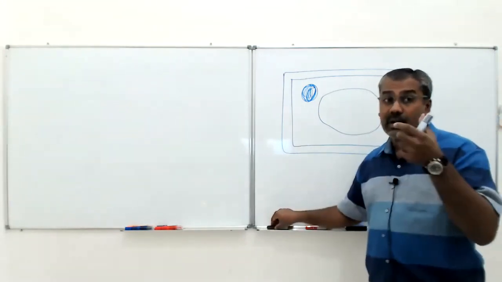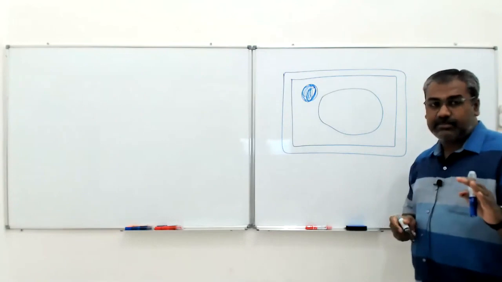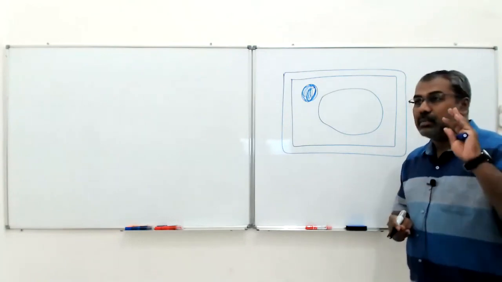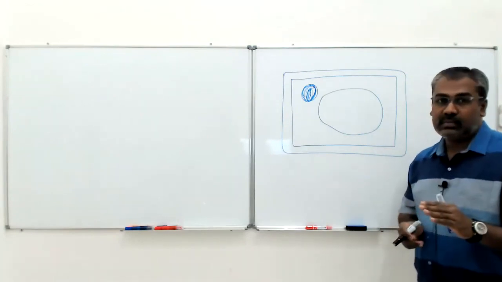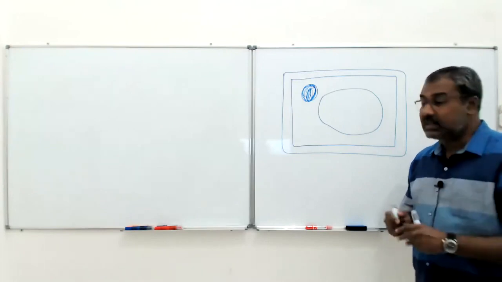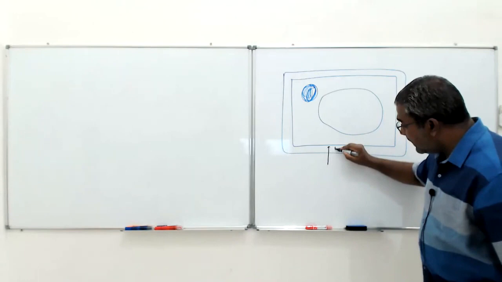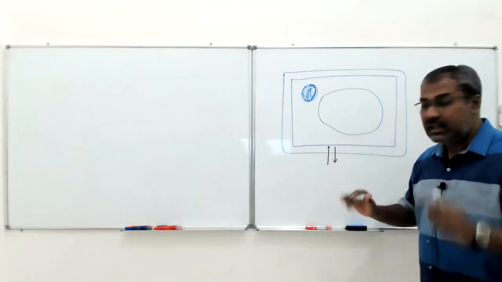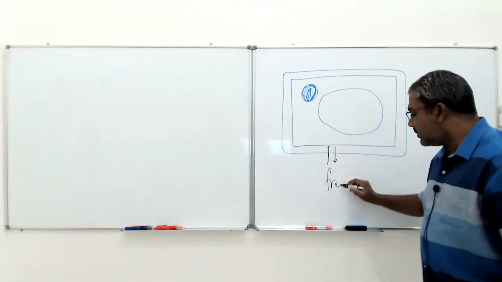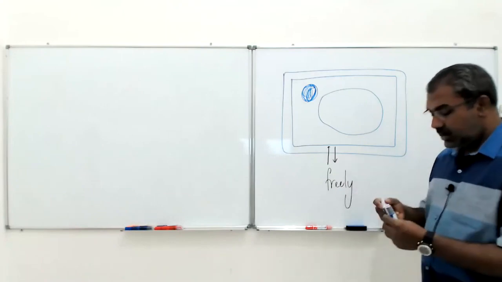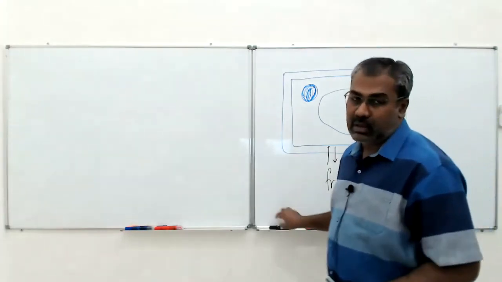Fully permeable bermaksud anything big or small, any substances can pass through the cell wall in and out freely, tanpa sebarang masalah. Itu maksud fully permeable.